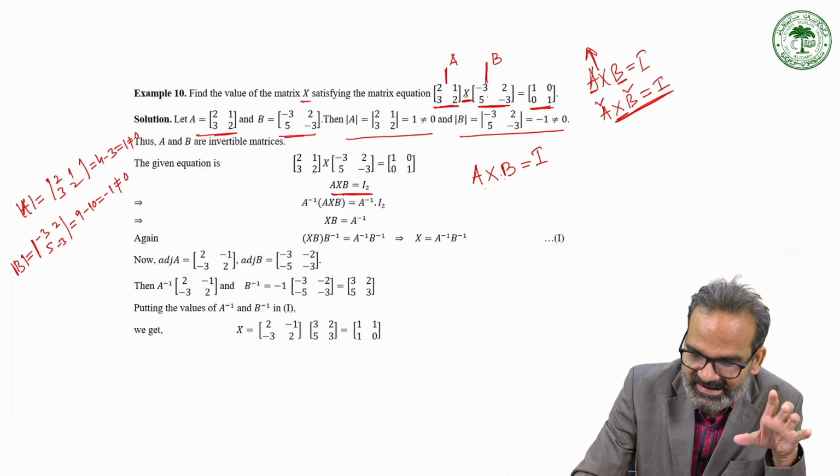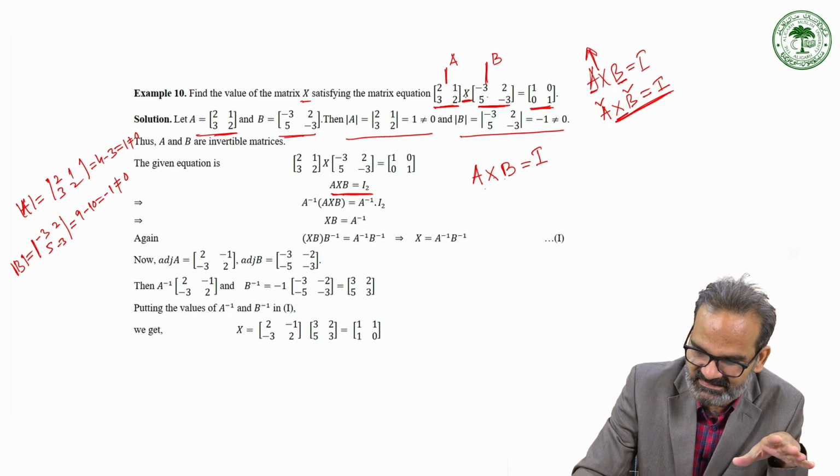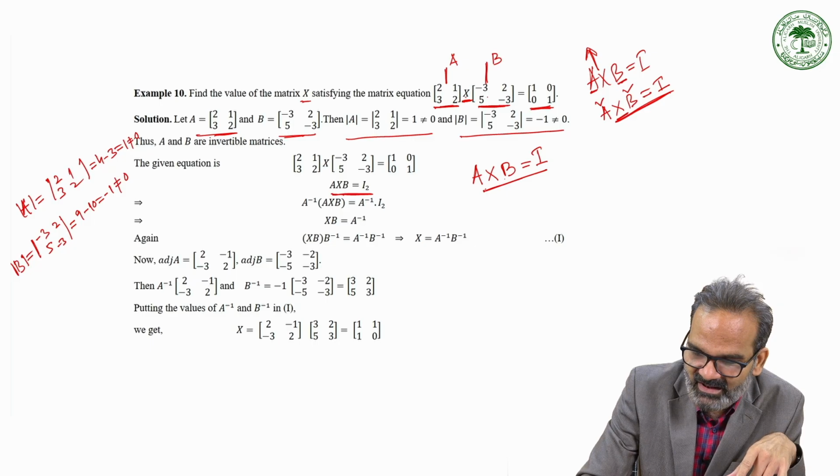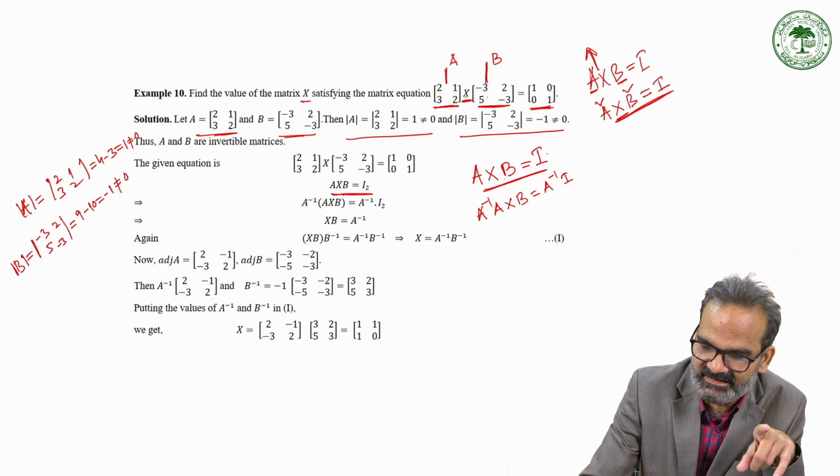We will multiply this equation from the left by A inverse. See what happens: A inverse of AXB is equal to A inverse of I. Clear? What we did is multiply this equation by A inverse from its left.